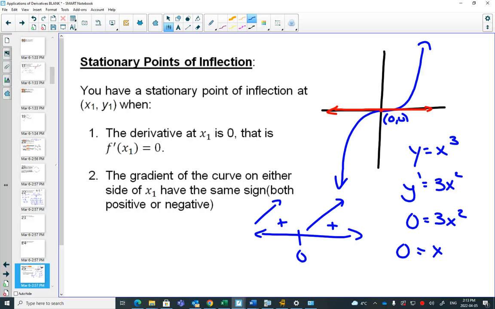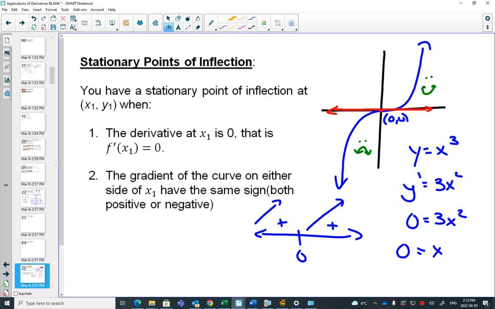And so if the gradient of the curve on either side has the same sign, in other words, it's always increasing or always decreasing, this is what's called a stationary point of inflection. The graph still changes from concave down to concave up, and we're going to learn that that's what an inflection point does, where it changes its curvature from concave down to concave up or vice versa.